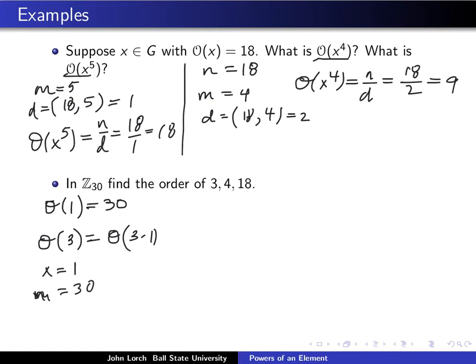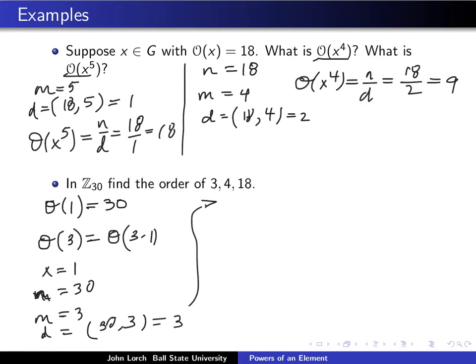M, which is the power of x, or rather in this case the multiple of x we're considering, is 3. And d is the greatest common divisor of n and m, which is 30 and 3. So the greatest common divisor of those two numbers is just 3.